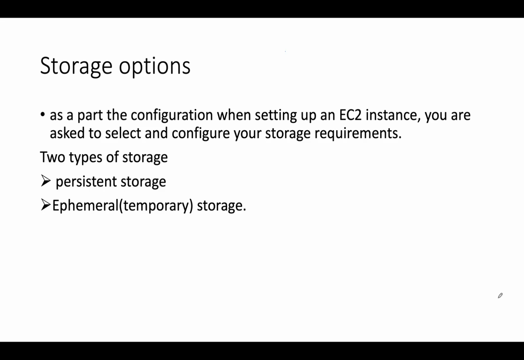Persistent storage is available by attaching Elastic Block Store (EBS) volumes, and ephemeral storage is created by EC2 instances themselves using local storage on the underlying host, known as instance backed storage. So when I showed you the images, I showed you both instance backed storage and EBS.